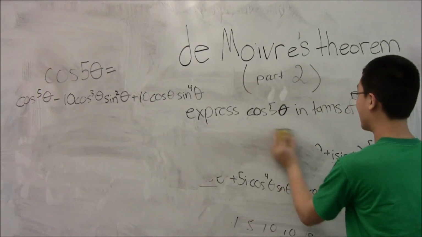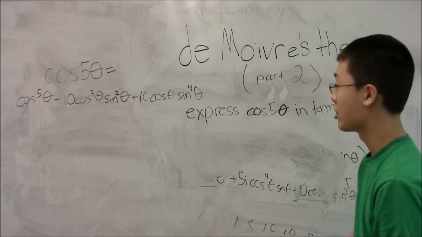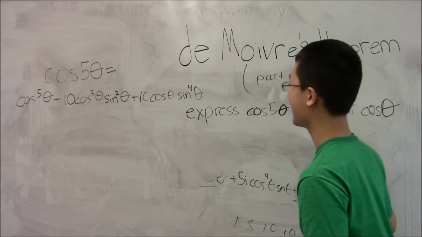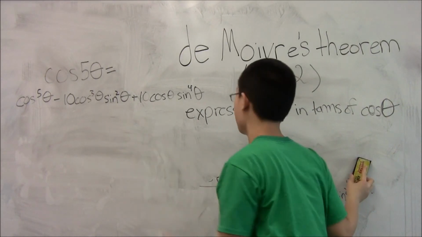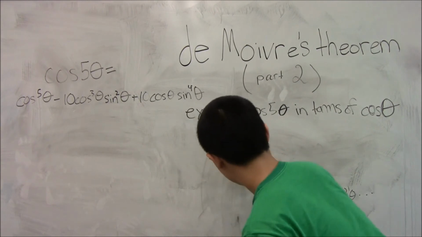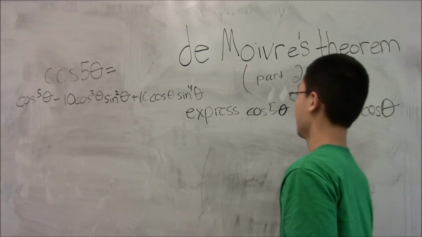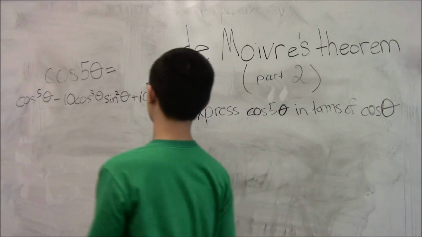So we've got it essentially, but we still have sines. We've still got sines in this whole expression. What can we do about those?